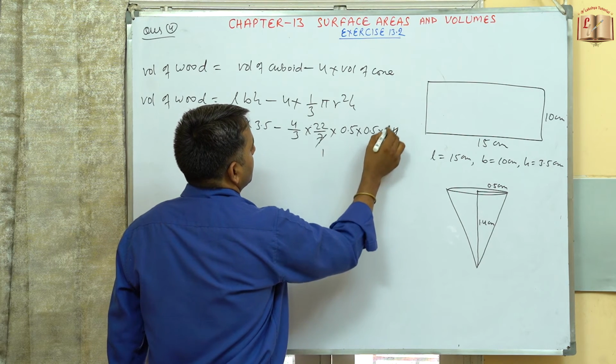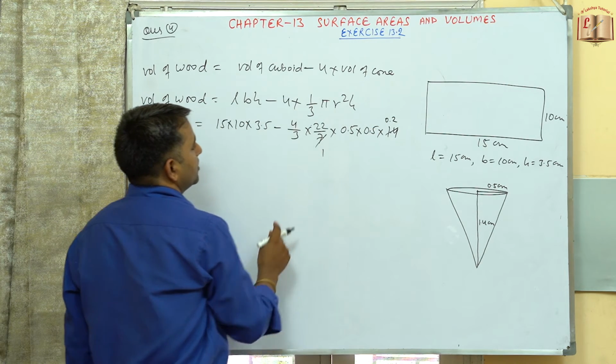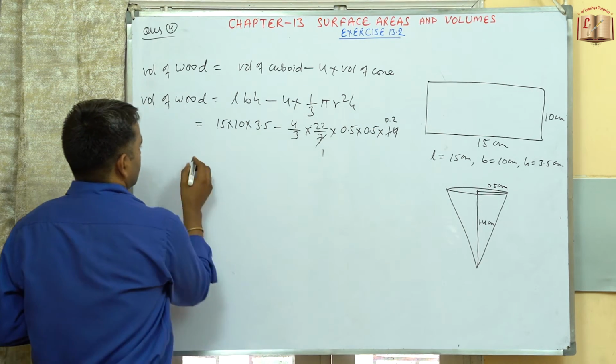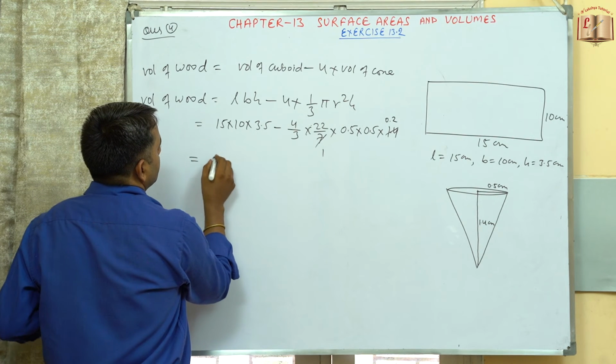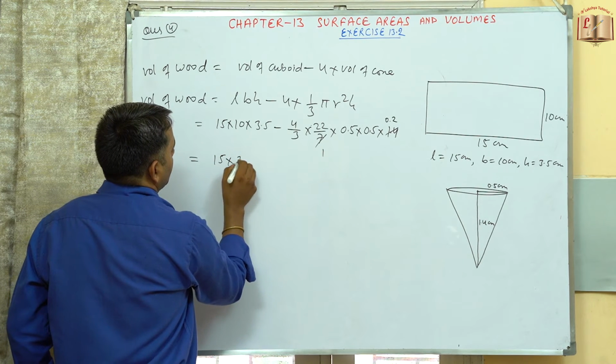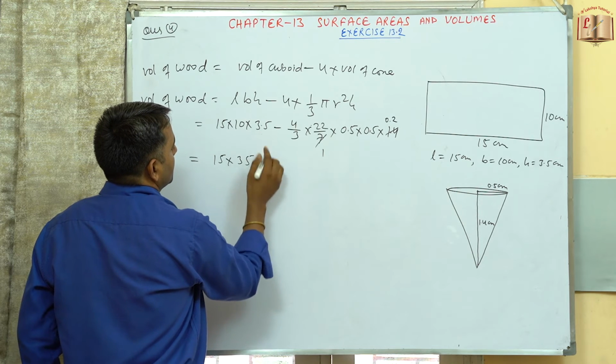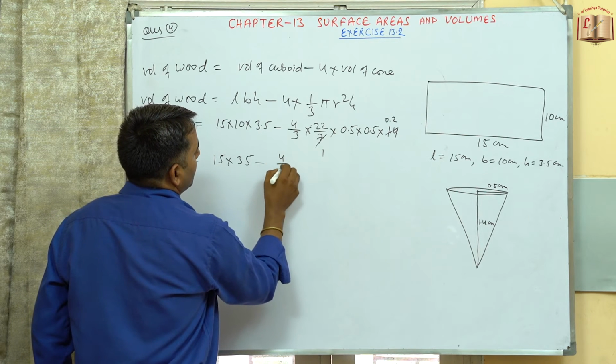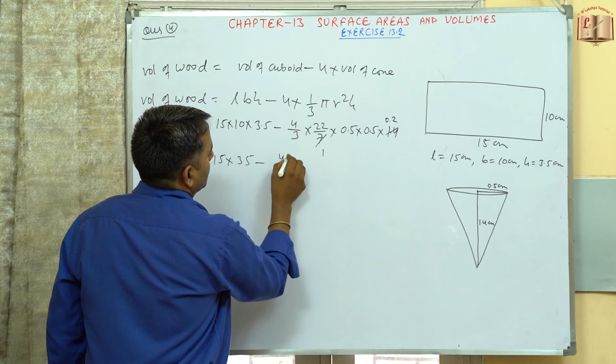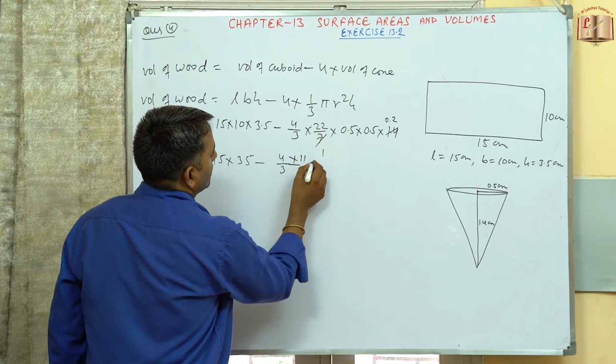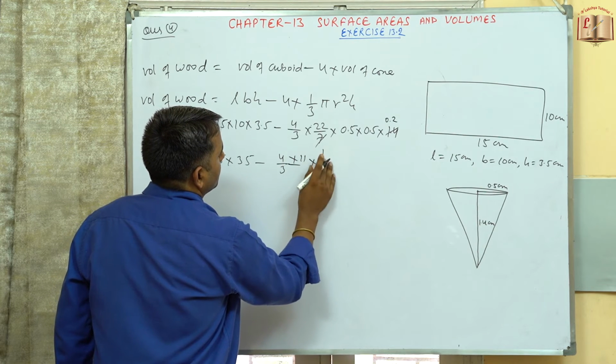So now we can find it out. So this is 15 into 35 minus 4 by 3 into 11 into 1.